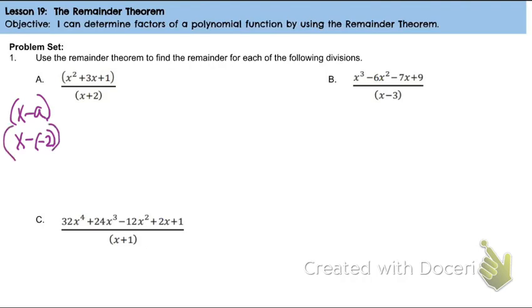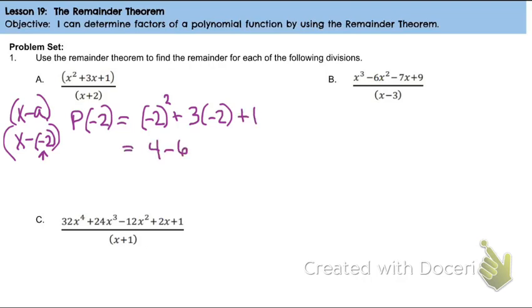Is what gets us to a. So a equals negative 2. So p of negative 2 equals negative 2 squared plus 3 times negative 2 plus 1. So equals 4 minus 6 plus 1 equals negative 1. So we have a remainder of negative 1.